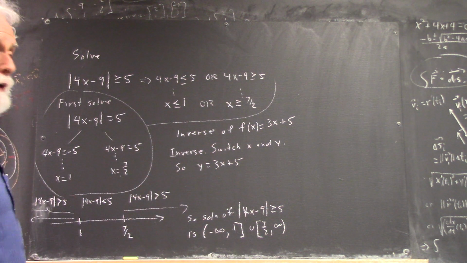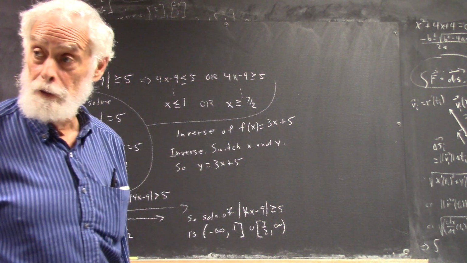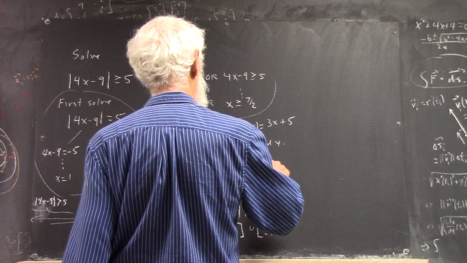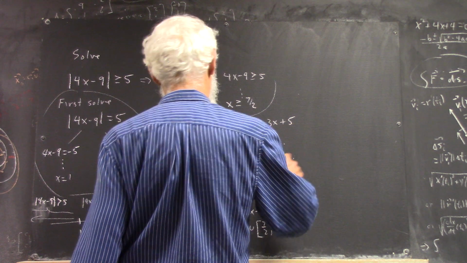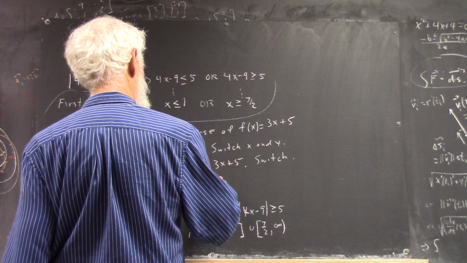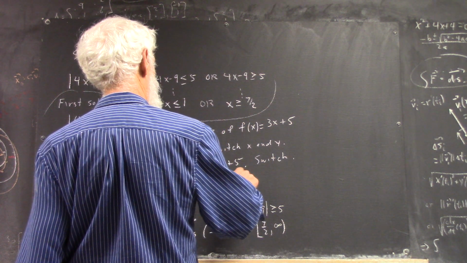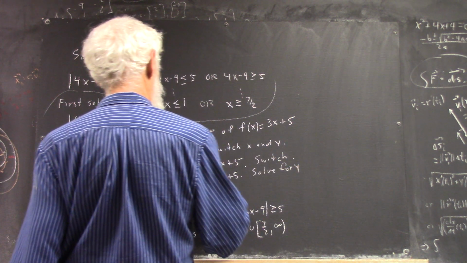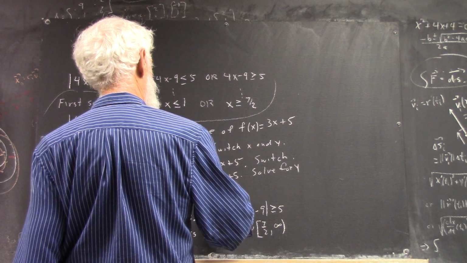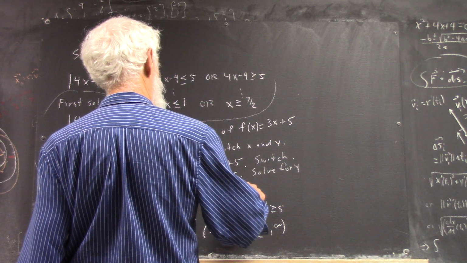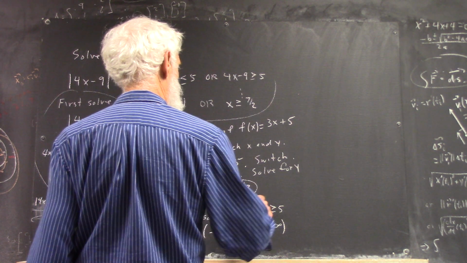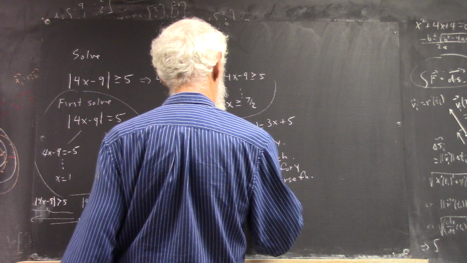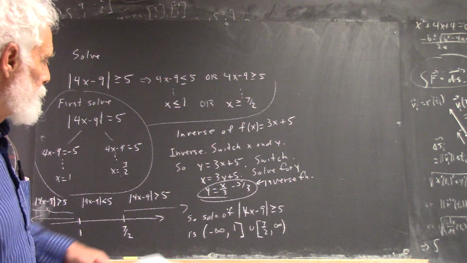So you got y equals 3x plus 5. So that's your f of x function, right? So it's a very simple process.